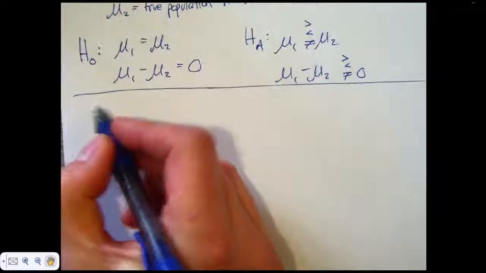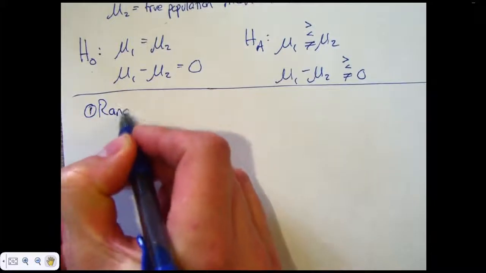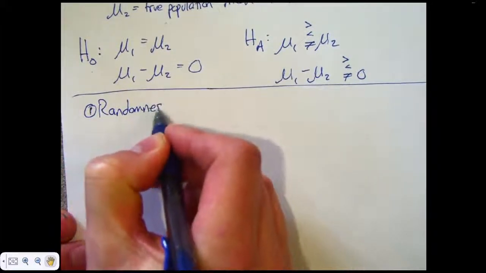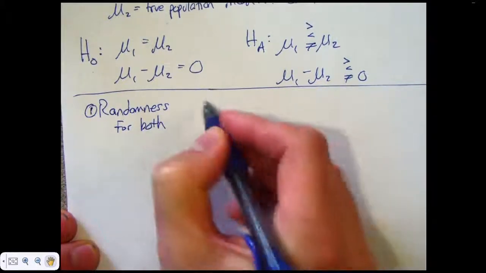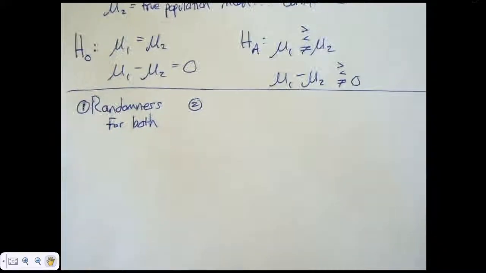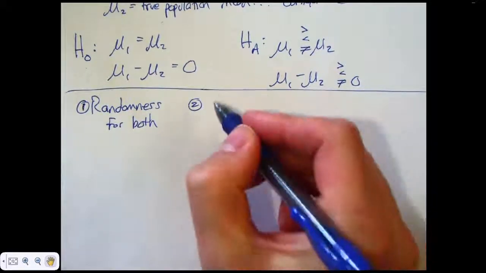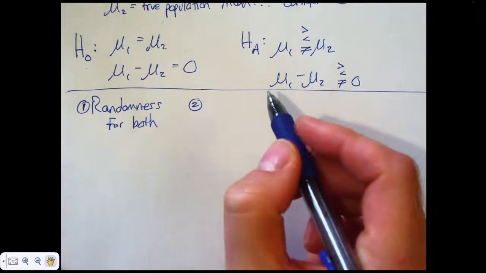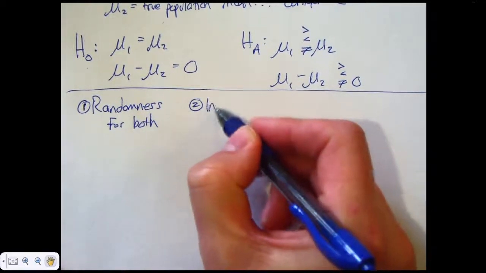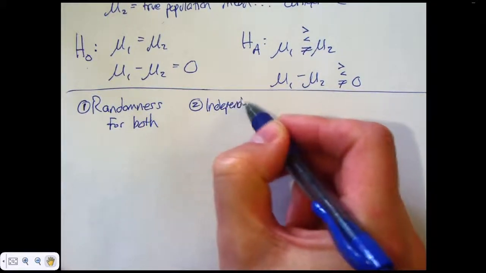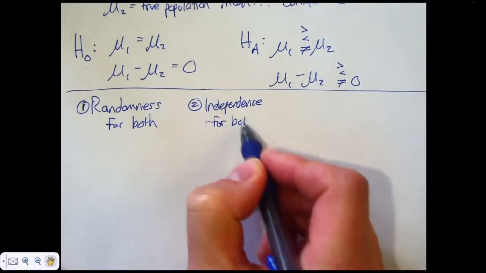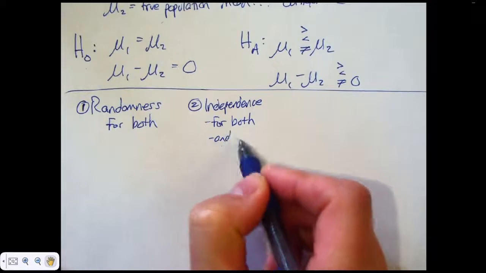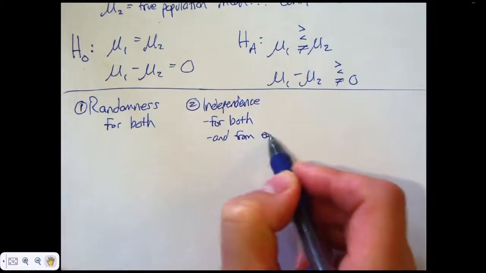Conditions, yeah. So I need randomness, but I need it for both. I'm going sideways because I know I'm about to run out of room, so I'm trying to conserve space here. I need independence, and I need it for both and from each other.